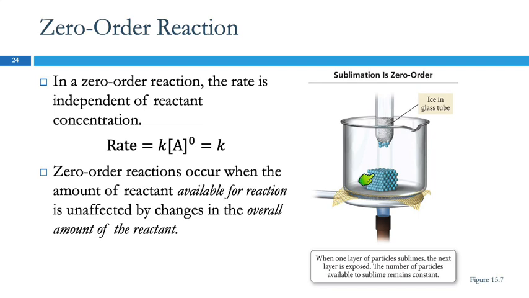Because when you get rid of one layer of particles, there's another layer right underneath, and that one can sublime. Does that make sense? So basically it's going to sublime at the same rate until it's all gone, because the surface area essentially isn't changing.